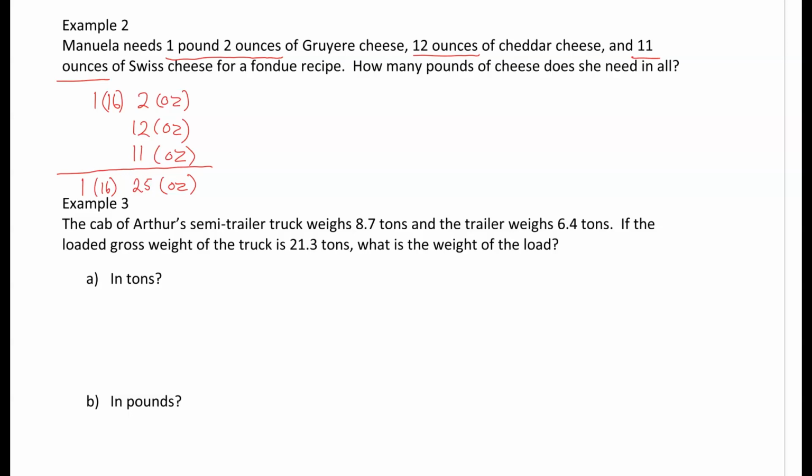We want to figure out how many pounds of cheese she has, meaning that we now need to convert this part into pounds. Well, what you're going to do first is look up on your conversion sheet, what is the conversion from ounces to pounds?